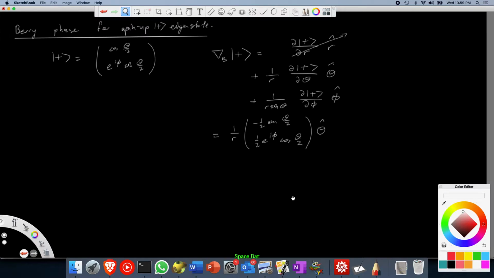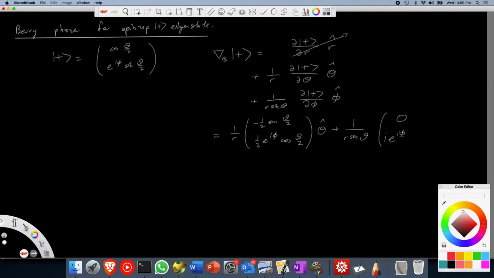And then we'll add 1 over r sine theta, and for phi there's no phi dependence in the first component, so it will be 0. For the second component, we bring down i, and sine theta over 2 stays the same. So this is just evaluating the partial derivatives by substituting the plus eigenstate into the equation for the gradient.